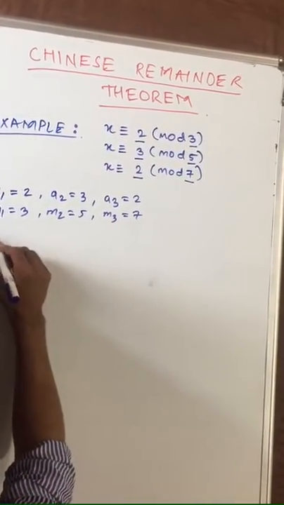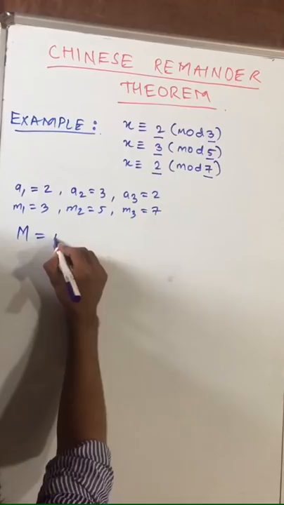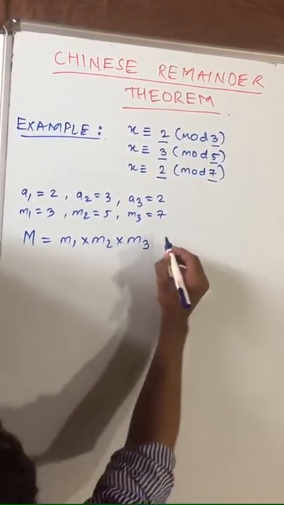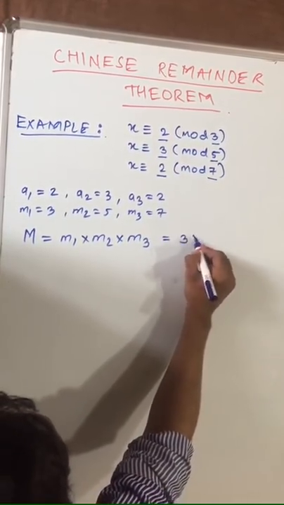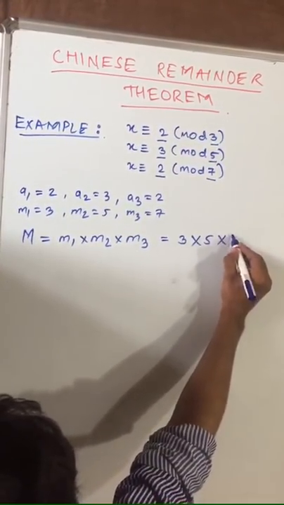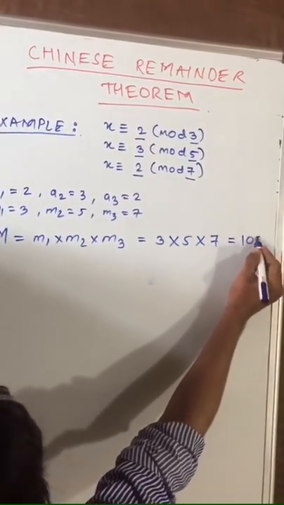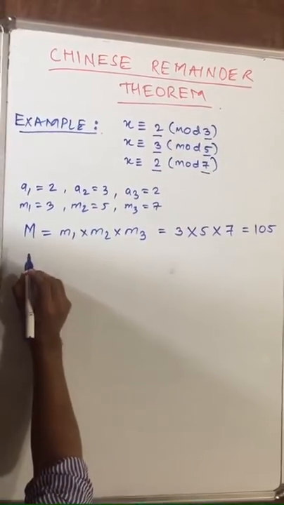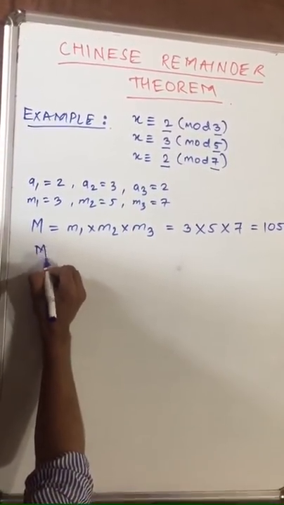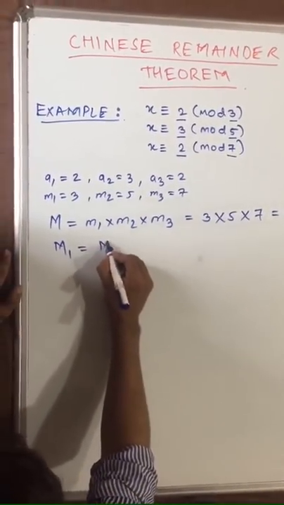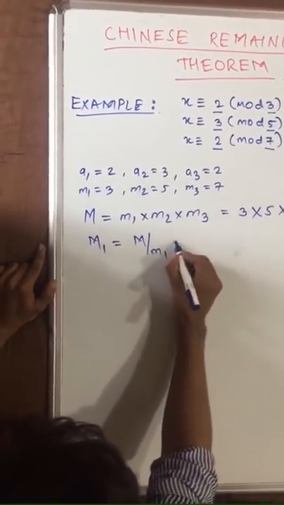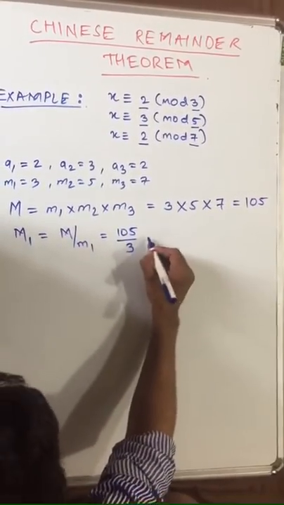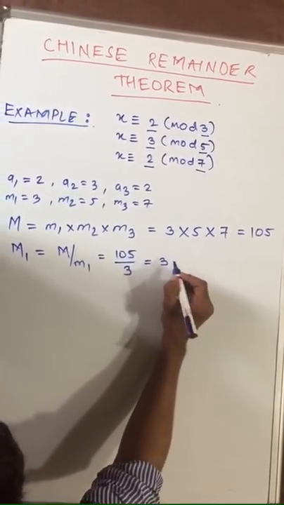Now you have to find capital M. Capital M is equal to m1 into m2 into m3, which will be equal to 3 into 5 into 7, which will be 105. Now you have to find capital M1. Capital M1 will be equal to capital M by small m1, which will be 105 by 3, equal to 35.